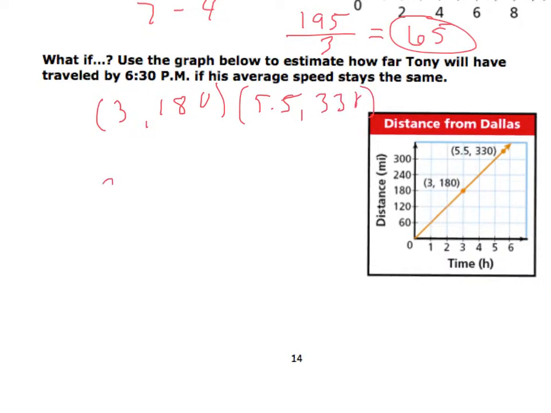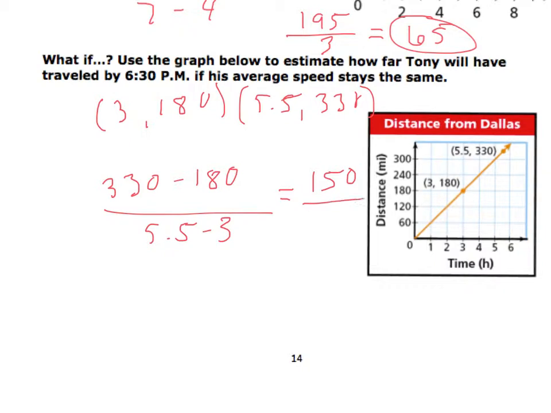Okay, so we have 330 minus 180 over 5.5 minus 3. And if you go ahead and reduce that, that gives you 150 over 2.5, or 60.